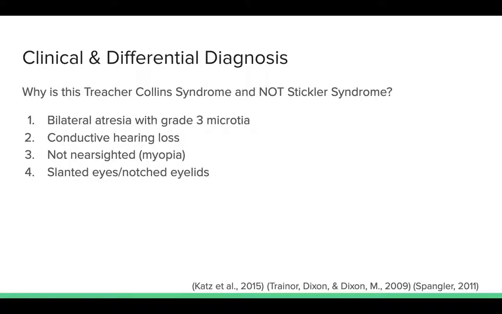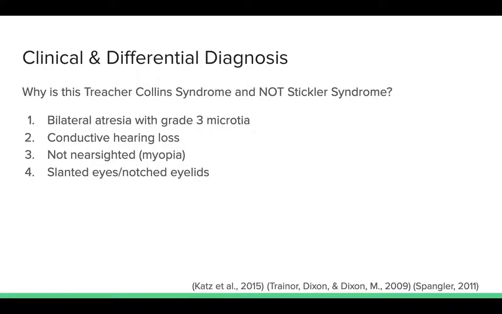And here are just some reasons as to why it was Treacher-Collins and not Stickler. One being that she had bilateral atresia with grade 3 microtia, which is very typical in a child with Treacher-Collins.